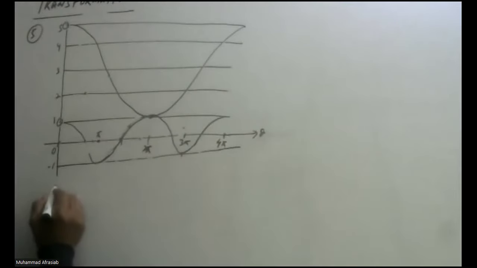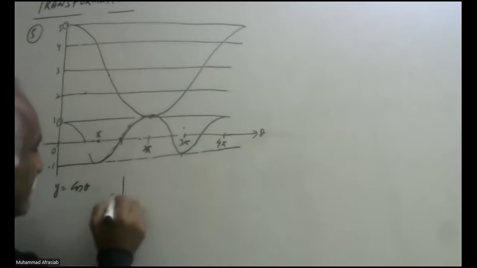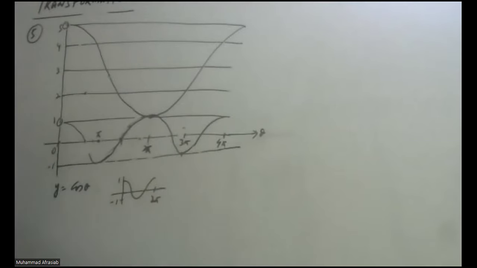So if we draw the graph of the general function y is equal to cos theta, it would be like this, from 1 till -1 up till 2 pi. This is the original cos function, which is going to make one cycle up till 2 pi.